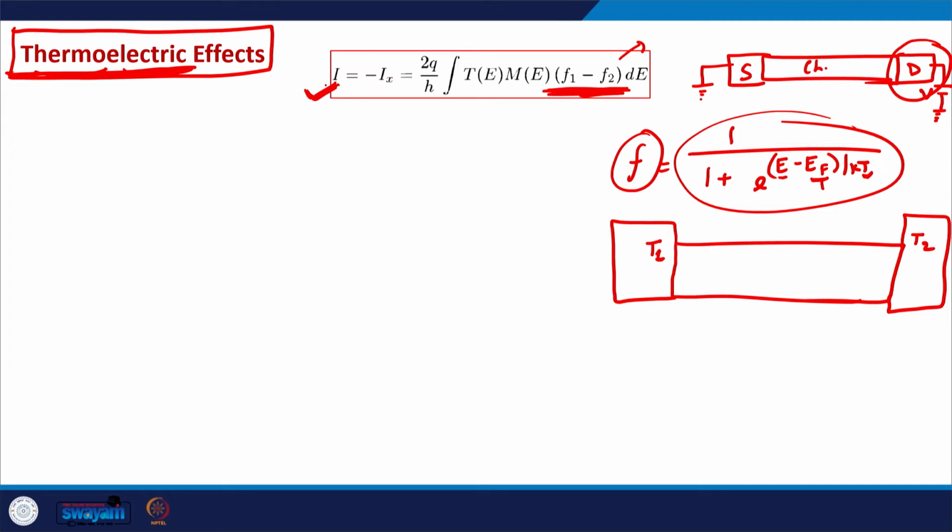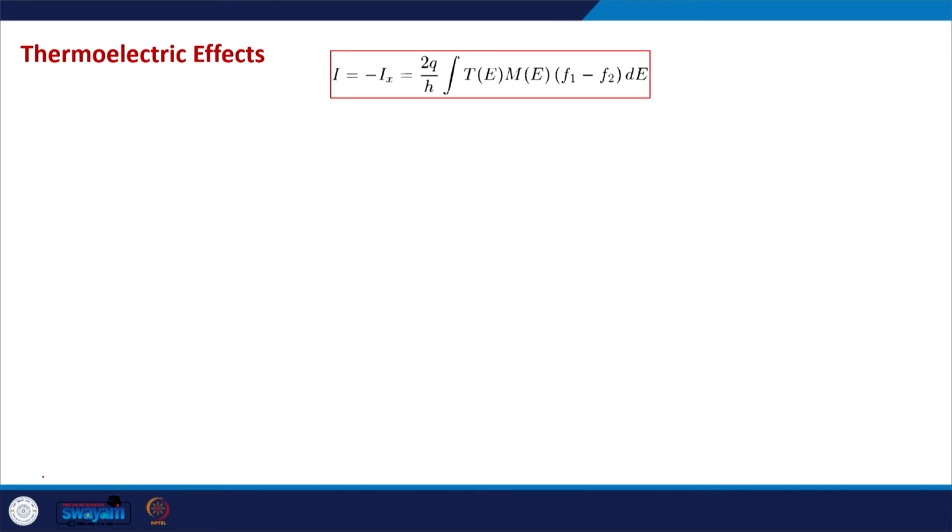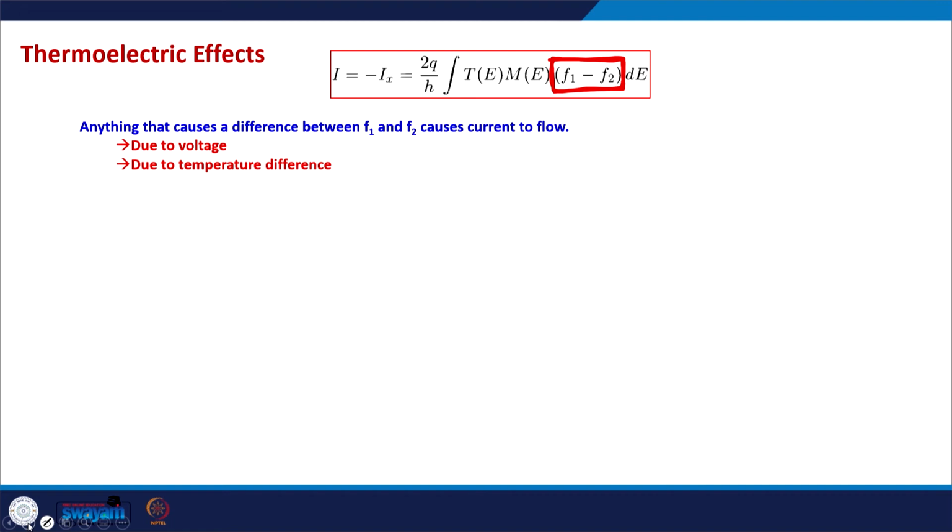So that's the key point: whenever there is a difference in Fermi functions across the two terminals of a conductor, there will be a flow of electrons, and that flow of electrons gives us current.